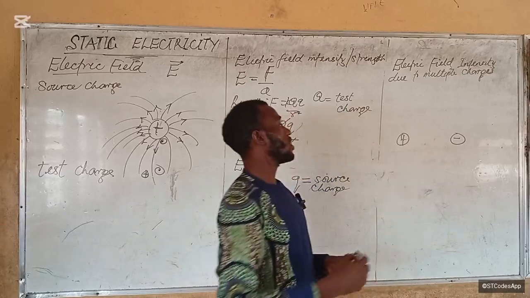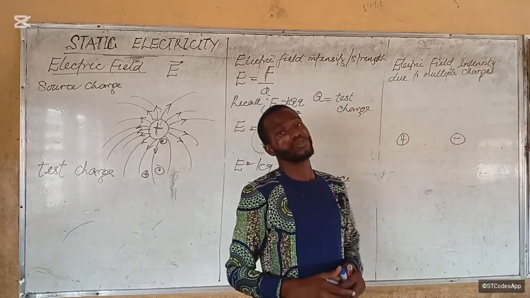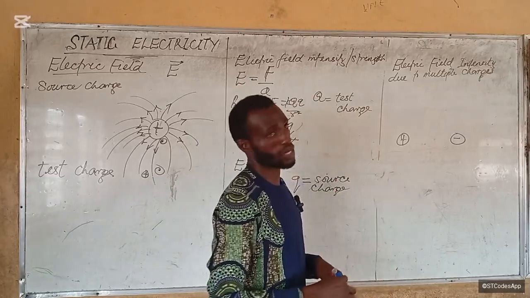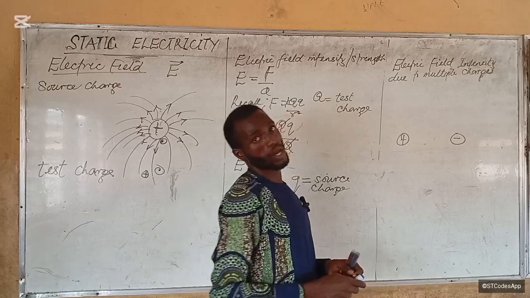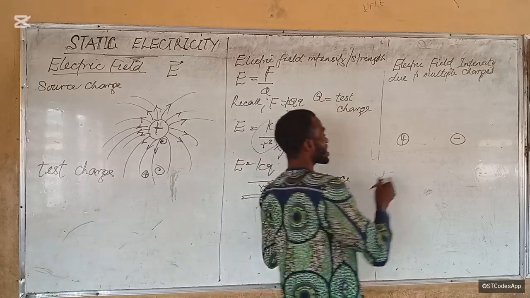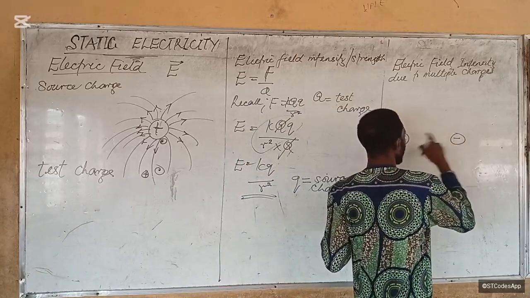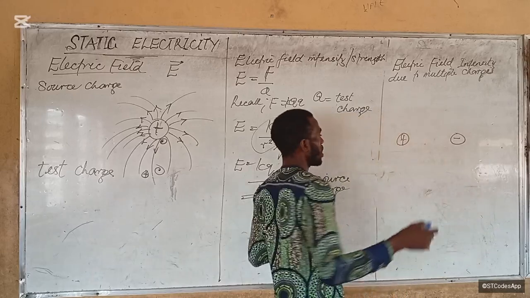Is that okay? If there are two charges, the one is positive, the other is negative. Now, what do you expect between them? They have to attract, right? But what will be the intensity of the electric field of these two charges upon each other?